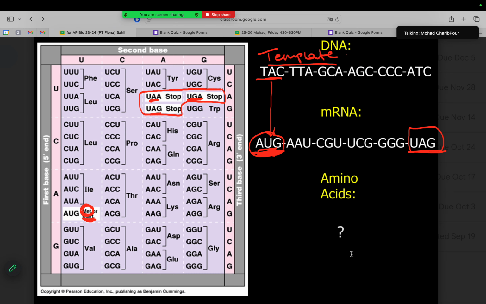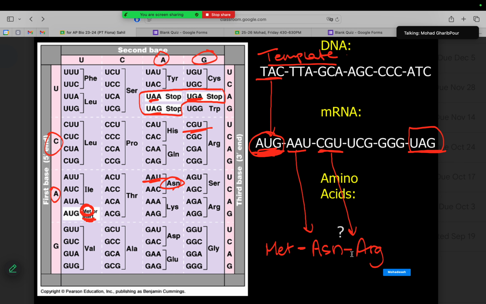Your first is always this guy. And then you're going to have AAU, asparagine. You have CGU, arginine. UCG, serine.